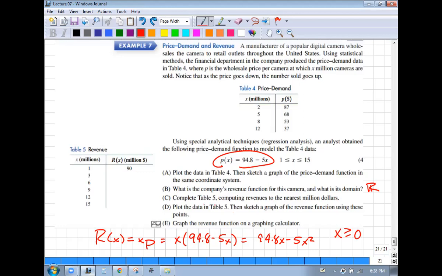Complete the table 5, computing revenues to the nearest millions of dollars. Okay, so all they want us to do, since we have a revenue function, is plug in a 3. So if we plug in a 3 here, calculate it and put the number there. They'll do that for all these numbers. So take a 6, multiply it by 94.8, subtract 5 times 6 squared, and so on.